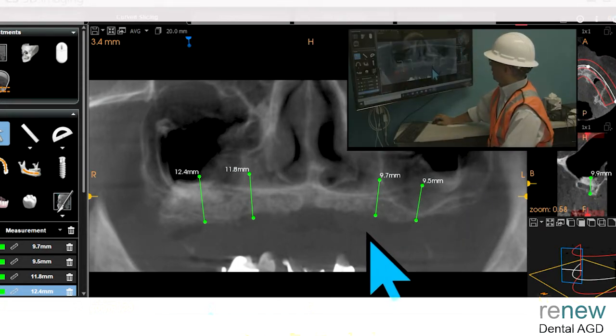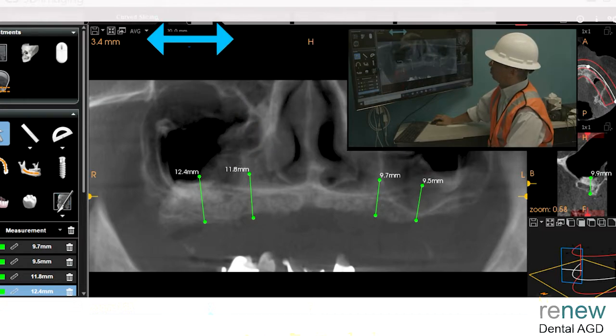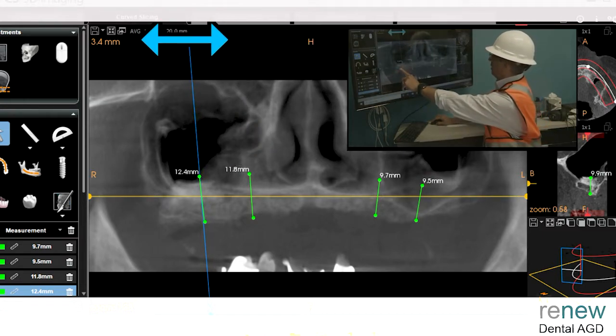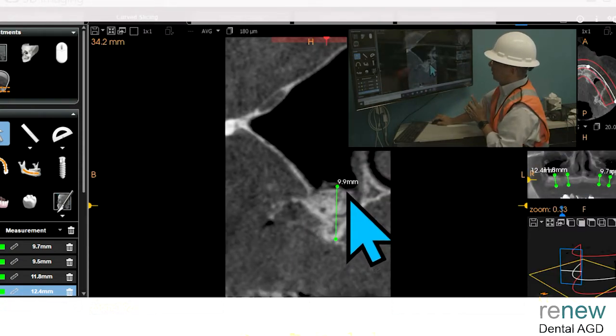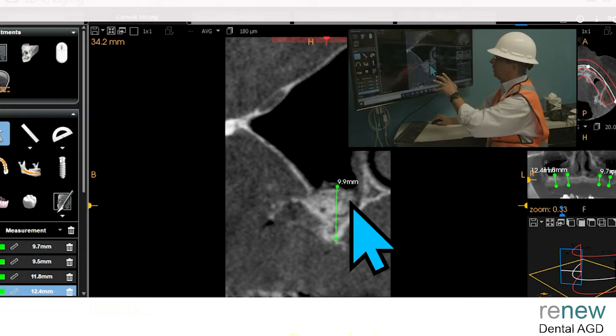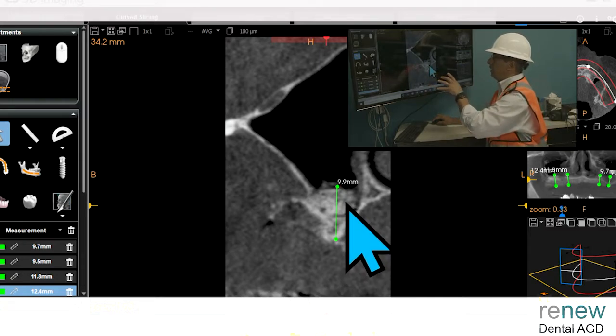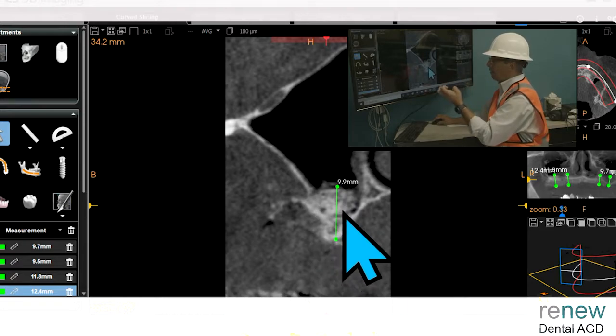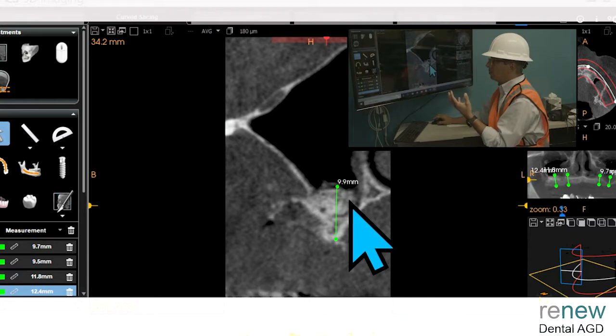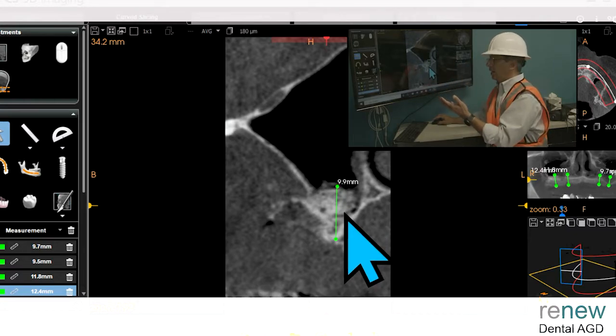So let's look at the actual case from this perspective here. We are looking at the sinus where there was once a graft done here, and you can see how much bone is actually there, but the problem here is that that bone may not be fully true. That bone being a graft bone, and you don't know that that bone is fully healed until you go back into that area.